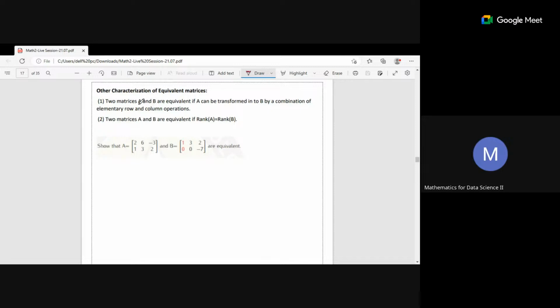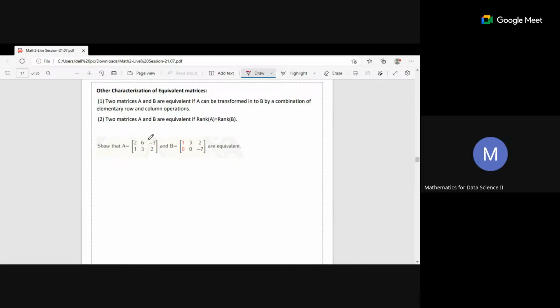Two matrices A and B are equivalent if A can be transformed into B by a combination of elementary row and column operations. You can use both row and column operations. If you can use several elementary row and column operations and get the other matrix B, then you can say that A and B are equivalent matrices. Also, if the two matrices have the same rank, then the matrices are equivalent.